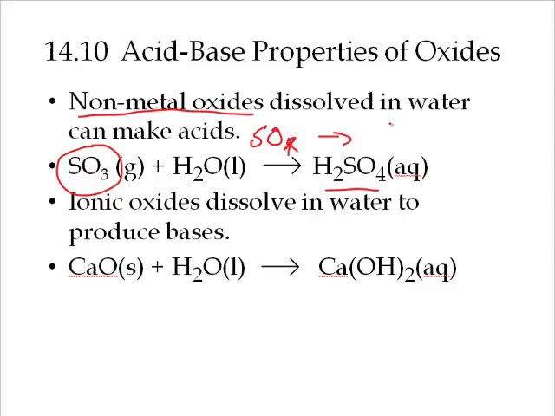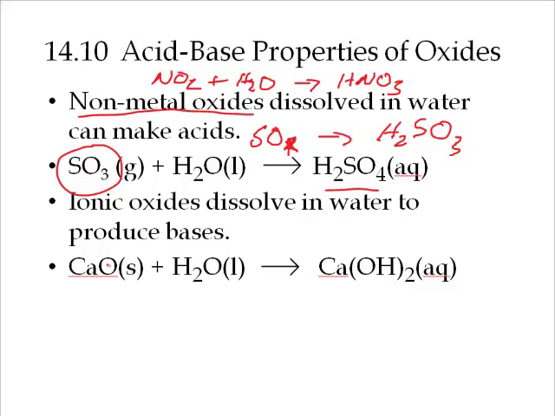SO2 tends to make H2SO3. Those things happen with non-metallic oxides. So imagine me dumping some NO2 into water. Again, what would you make? You would make nitric acid. So there you have it.